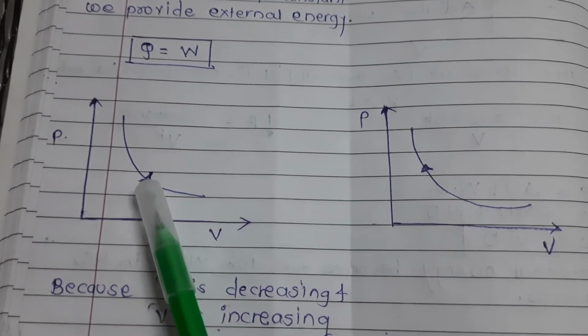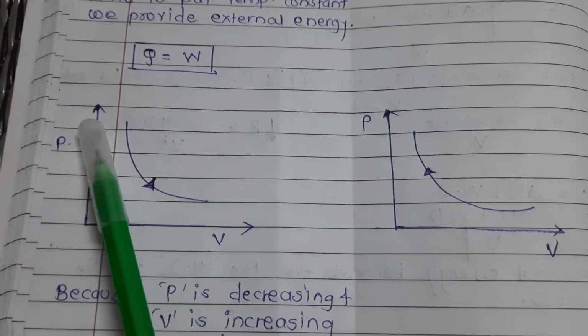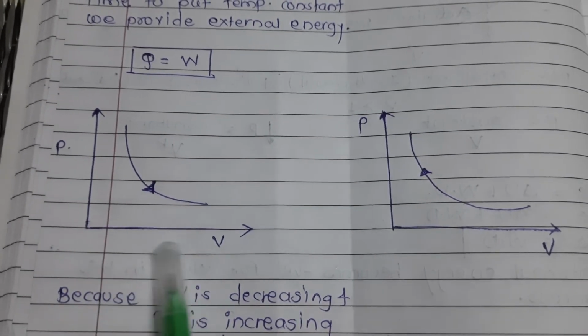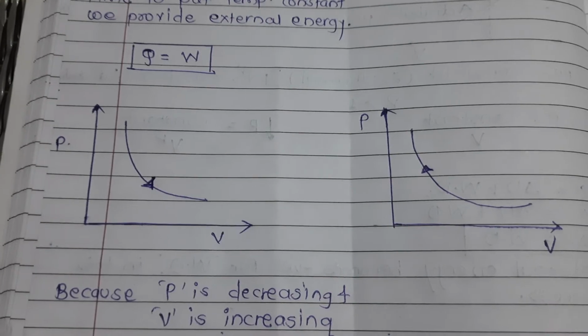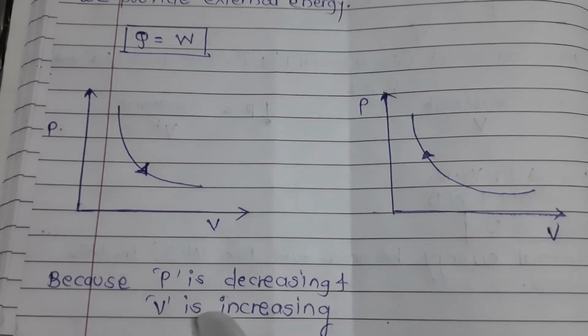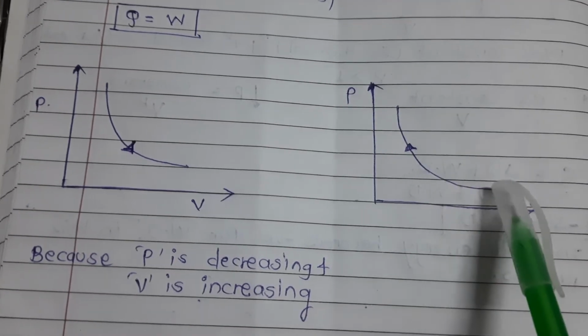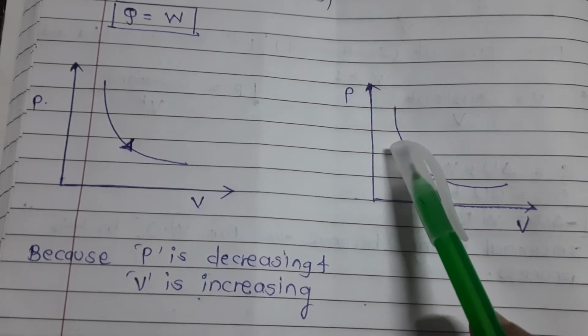The arrow is downward because pressure decreases and volume increases in isothermal expansion. In isothermal contraction, the arrow is upward.